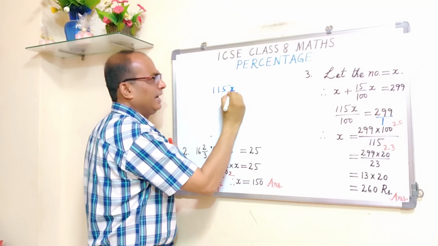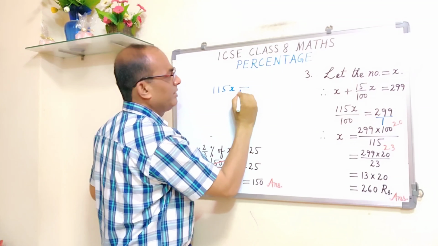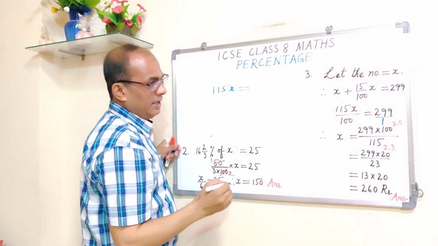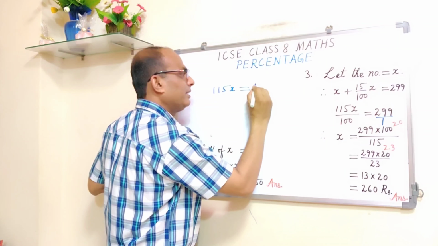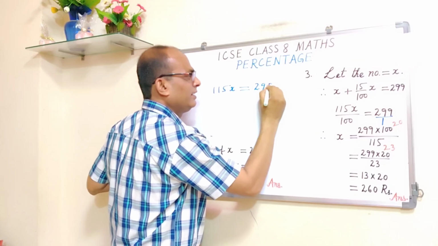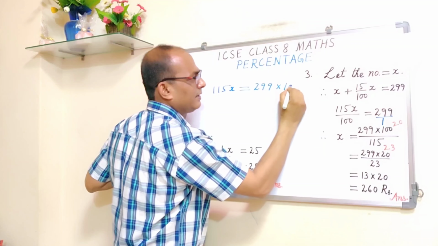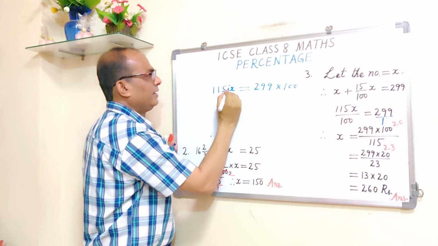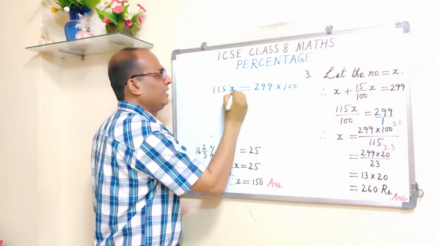Okay, and then this is equal to how much? 299 multiplied by 100. Got it? 299 multiplied by 100.